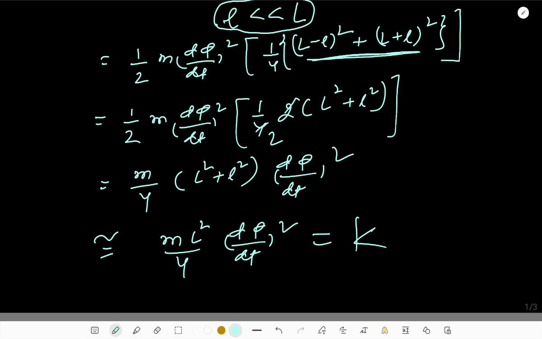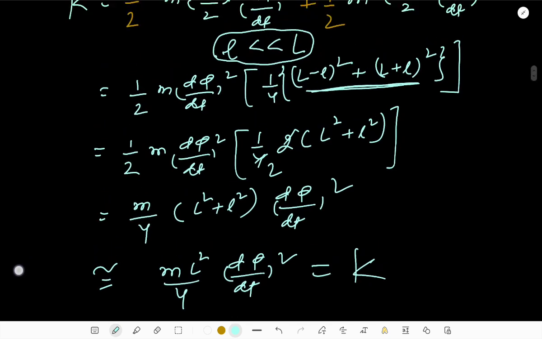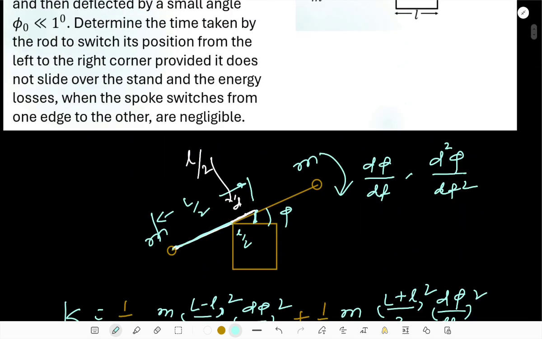Now we need to write down the potential energy of the system. So how can we write the potential energy of the system? This ball is at some height, and this is gravitational potential energy.